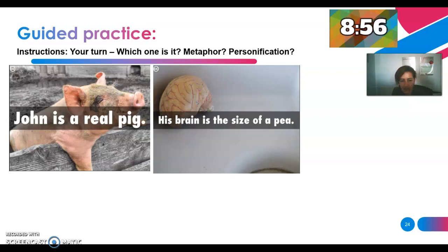I think that his brain is the size of a pea is obviously another metaphor because I don't think anyone would make a brain talk, and there's no animal that can make itself do something human. So I think it's another metaphor. It would have been a simile, but it doesn't have like or as. Very good, and very good explanation as well.